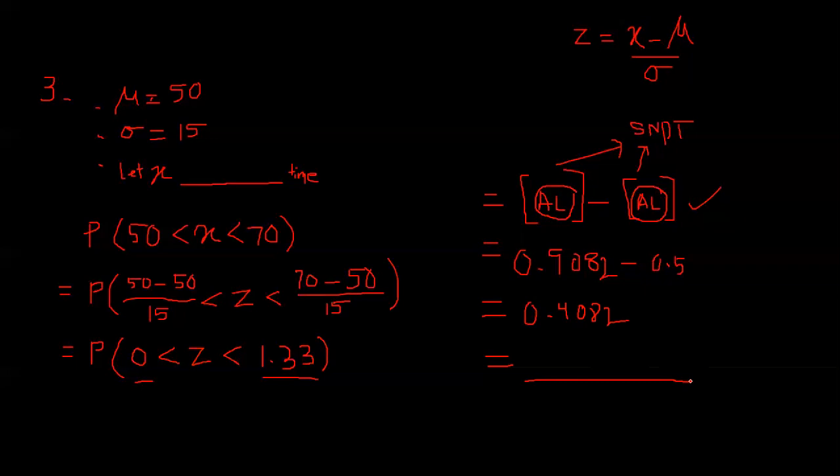Again, I repeat, the probability that John's computer has a length of time between 50 to 70 hours is equal to 0.4082. So that is your final answer.